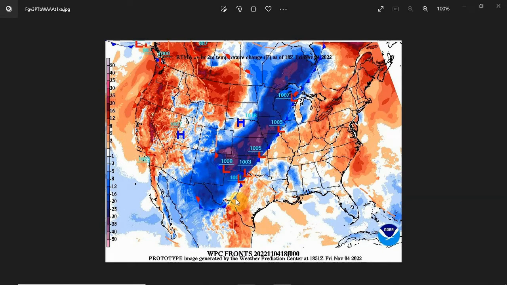This is the blue line with the little triangles on it. That's our cold front. Here's our cold air right behind it. And then you see this little pink boundary here. That is a warm area. I've lost my touch on names right now, but that's not a warm front. But this is what helped create the warm sector out ahead of this cold front, which allowed for storms to fire.